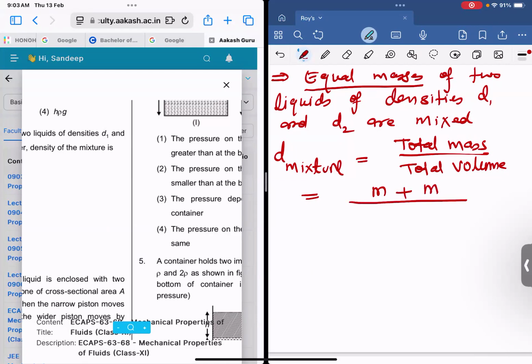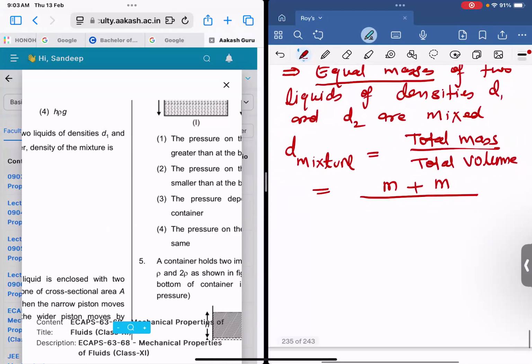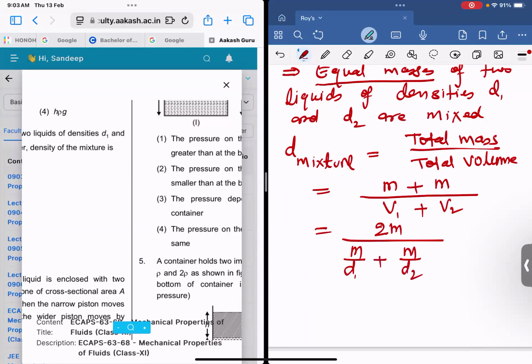The volume is not given, but mass and densities are given. So the total volume is V1 plus V2, and the total mass is m plus m, which is 2m. For the first volume, the formula is mass by density, so m by d1. For the second also mass by density, m by d2, because the mass for both is the same, but the densities are different.